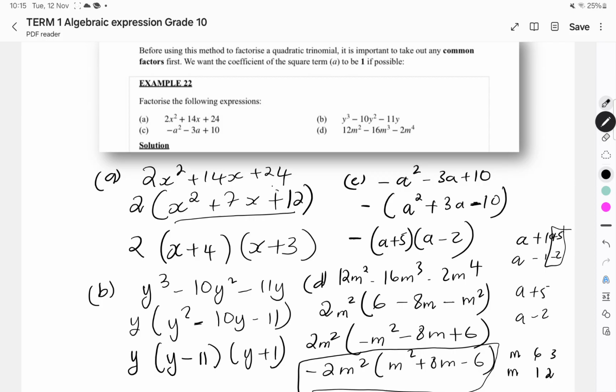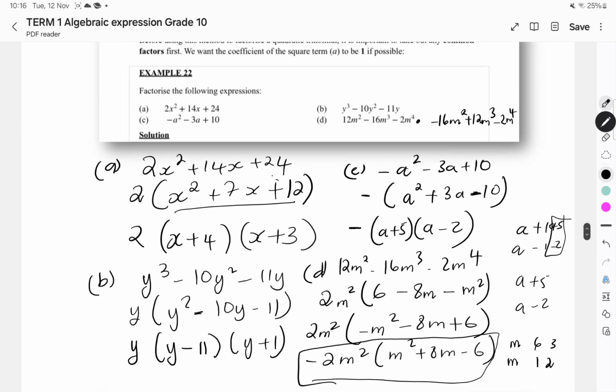Example 22. Yeah. The other question that I'm seeing here is in the textbook. It says minus 16m squared plus 12m cubed minus 2m to the 4. So they're not the same.